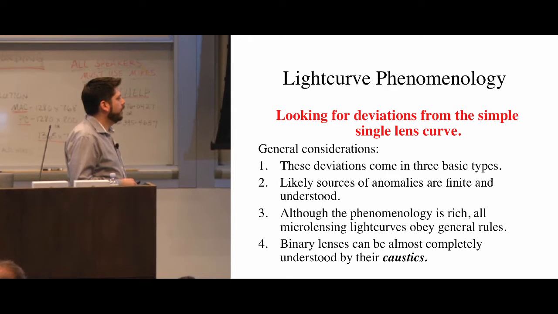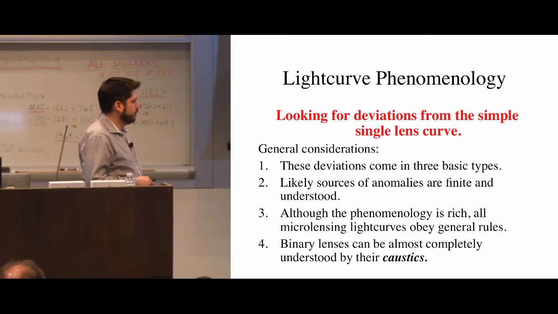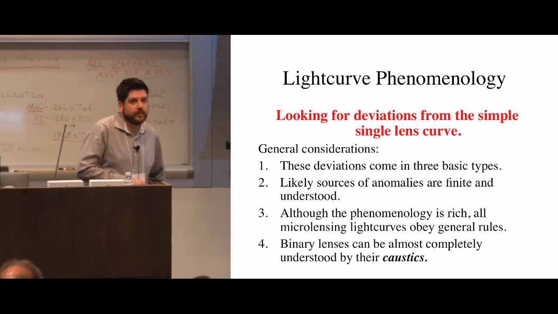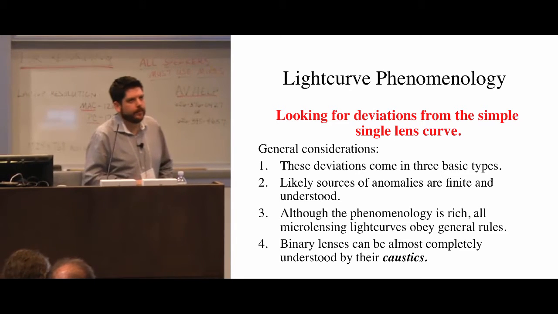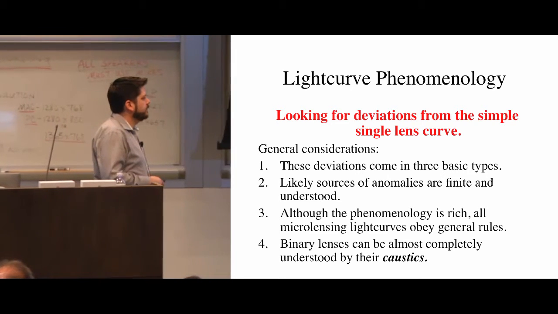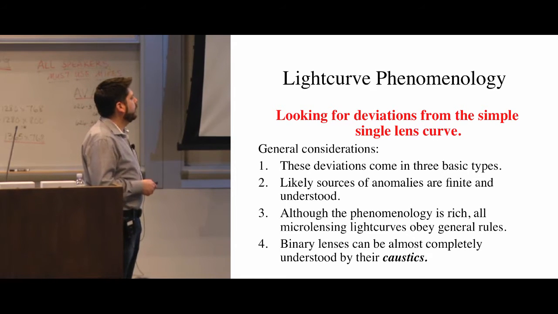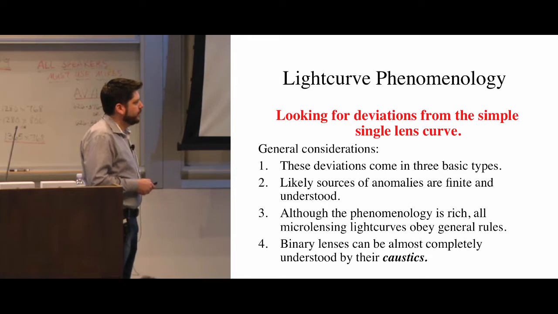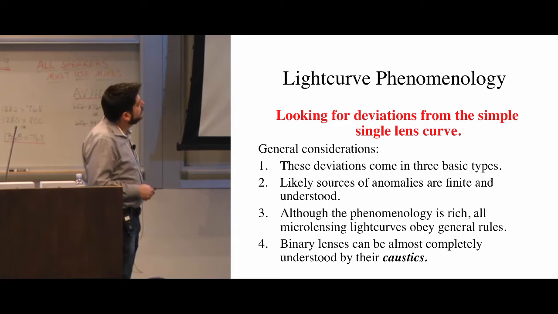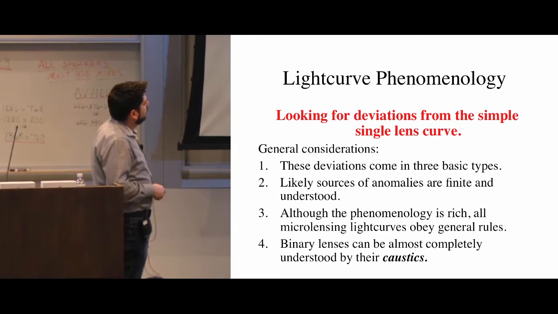I encourage those of you who really want to become gurus at binary lens microlensing to basically memorize the shape of the caustics as a function of the two parameters that describe them, which is the mass ratio and the projected separation in units of some Einstein ring radius. People typically use the total mass of the lens, but that's not always the best choice.